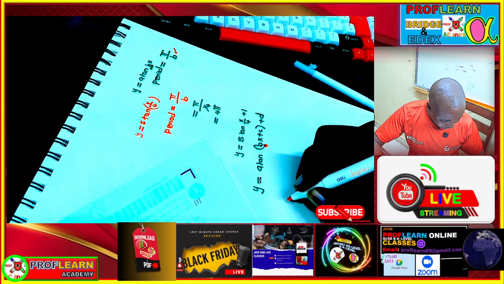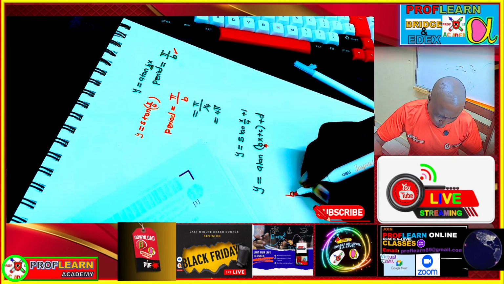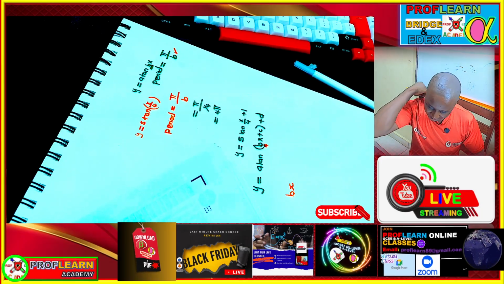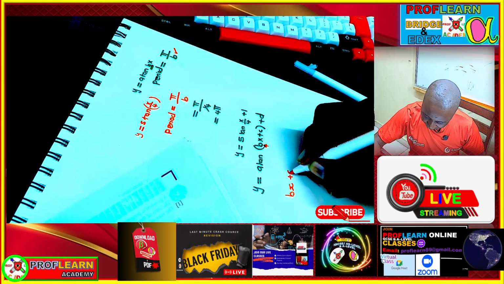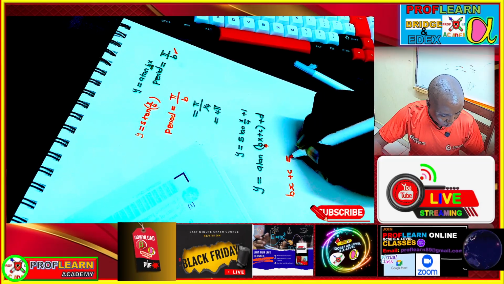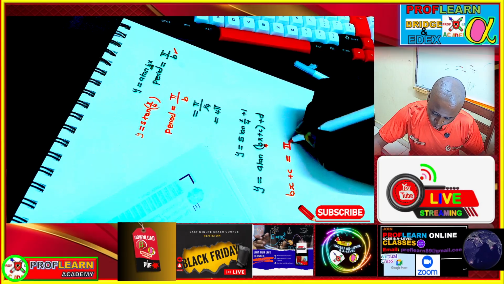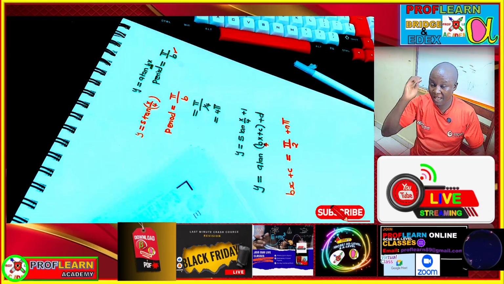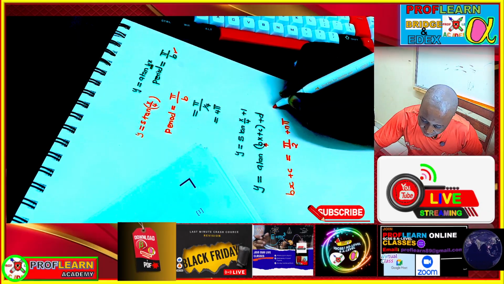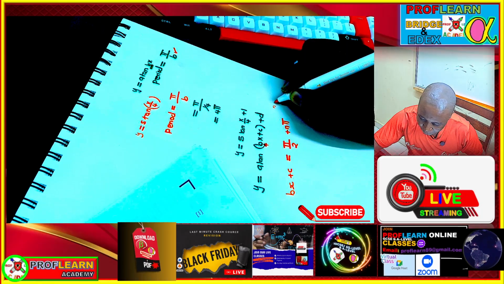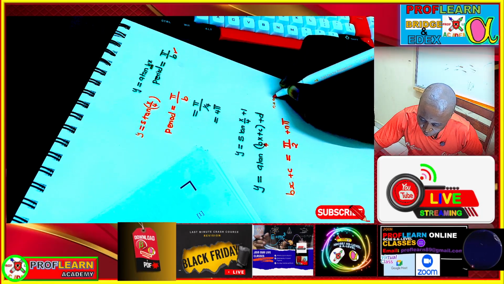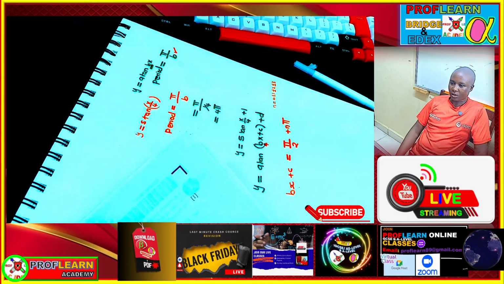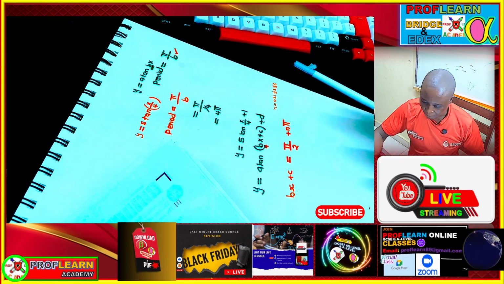In that case, we're going to say the asymptote is going to be bx plus c is equals to pi over 2 plus n pi, whereby n is going to be equals to 0, plus or minus 1, plus or minus 2, plus or minus 3. These are just integers.